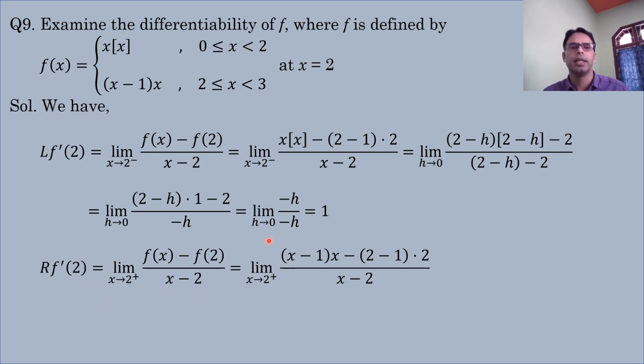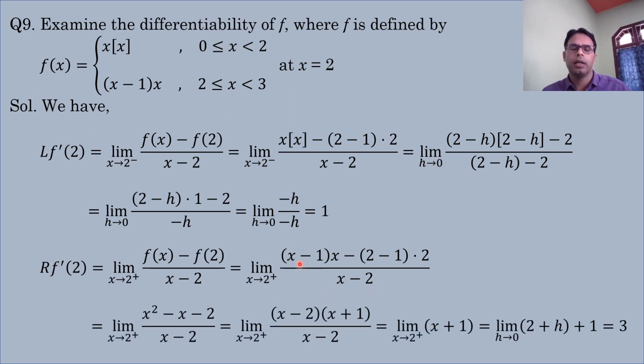At 2 plus, f(x), this was our function, 2 plus means greater than 2, so f(x) is equal to (x minus 1) into x. And f(2) is (2 minus 1) into 2, divided by x minus 2. Then completing this product, x square minus x, and this total result minus 2, divided by x minus 2.